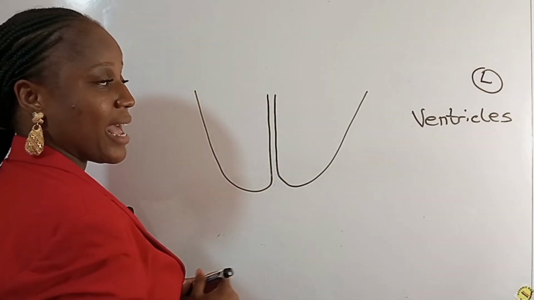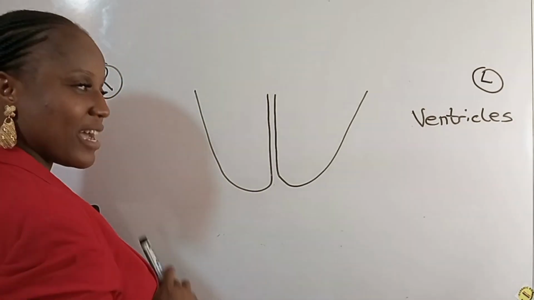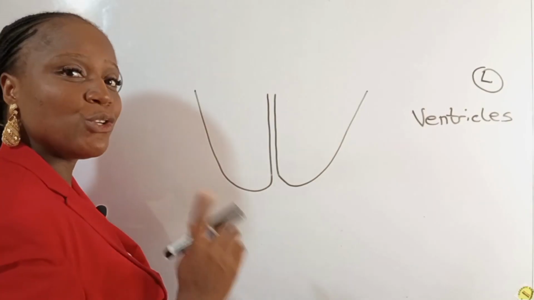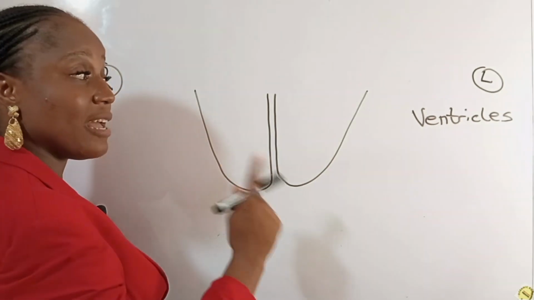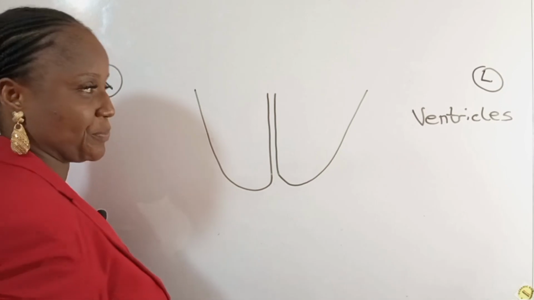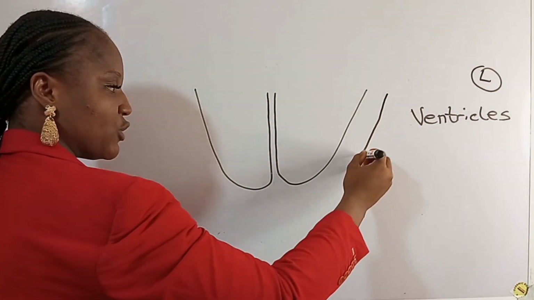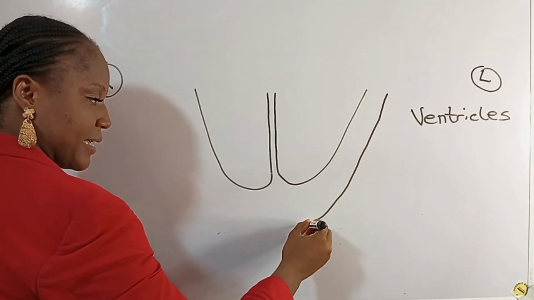You can see here is the left ventricle and here is the right ventricle. Then you should know that the wall of the left ventricle has a thick layer of muscle. The wall of the left ventricle is very thick.